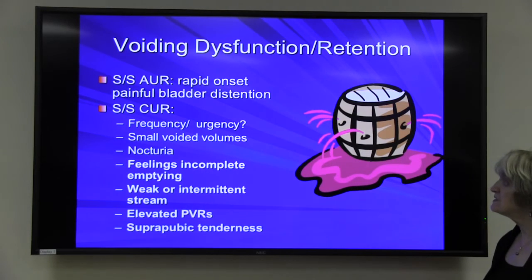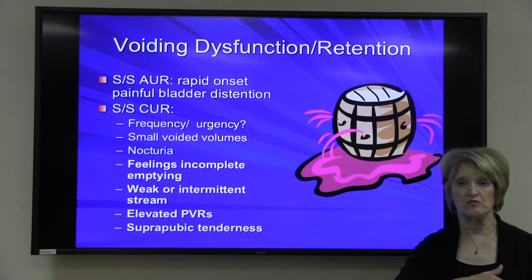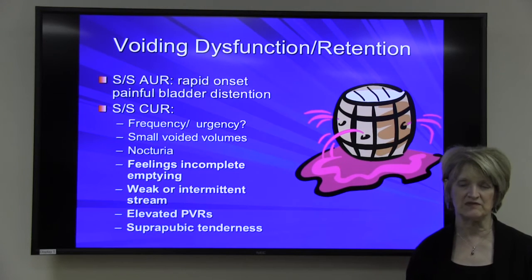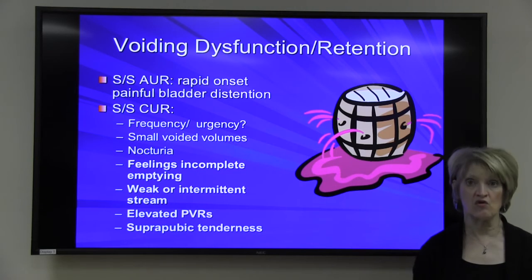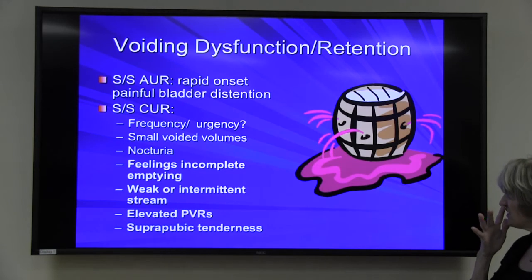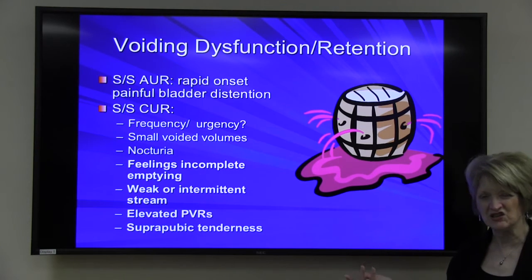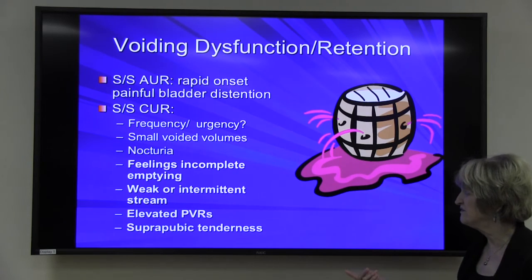Now, the signs and symptoms, again, acute urinary retention is rapidly progressive pain and abdominal distension. I want you to focus more on chronic retention. I want you to notice frequency, urgency. Well, that goes with retention because they never empty, but it also goes with overactive bladder, so it's not definitive.